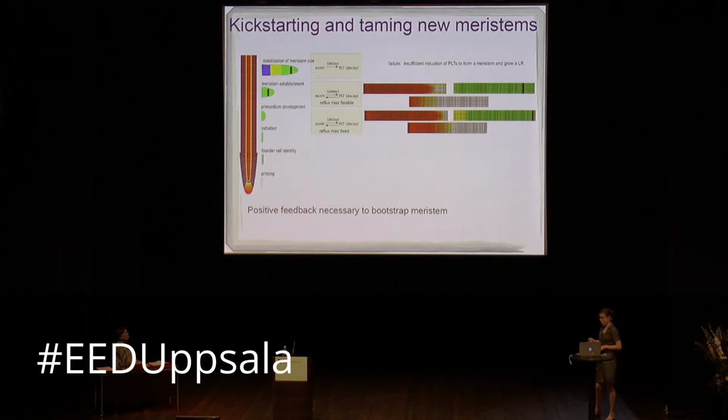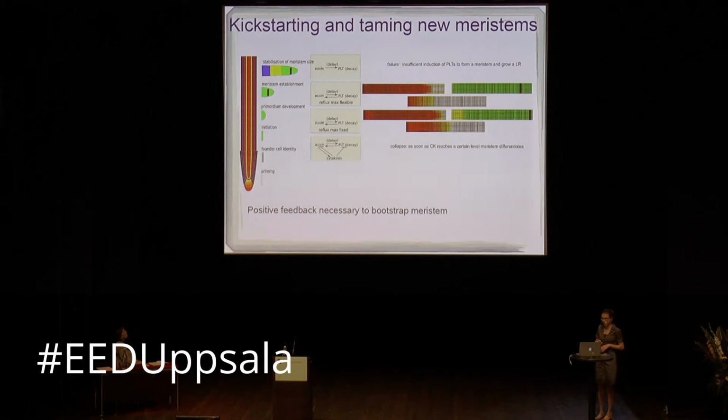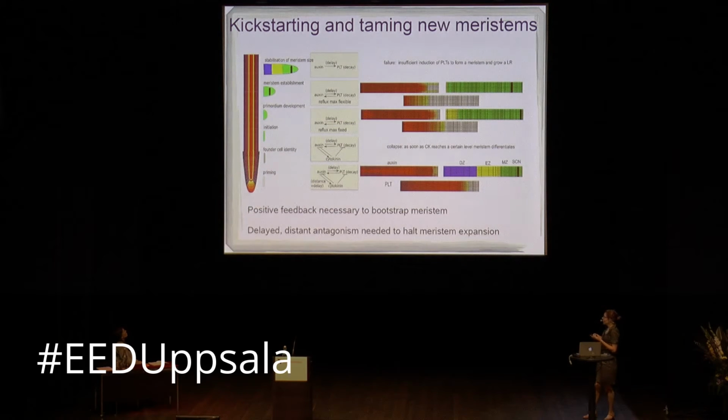But then another well-known thing is that auxin has this natural antagonist, cytokinin, and that these two hormones negatively interact with each other. So let's put that in. Didn't work. Because if you put that in, it's basically like, okay, first I help myself making this positive feedback, and now I kill it off again straight away. So what turned out to be essential is that auxin itself actually organizes this cytokinin brake, but does so at a distance and with a certain delay.